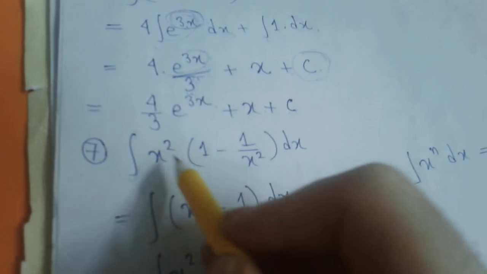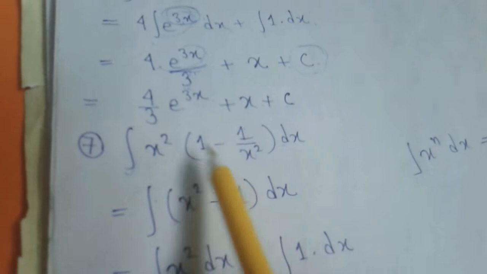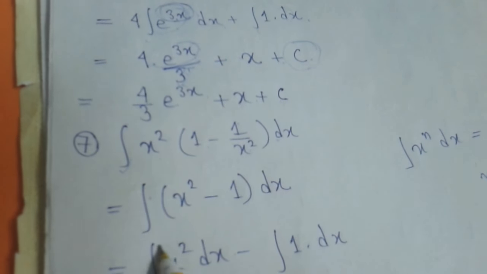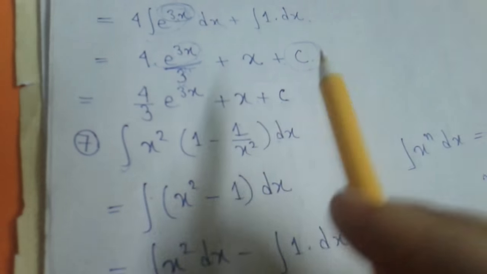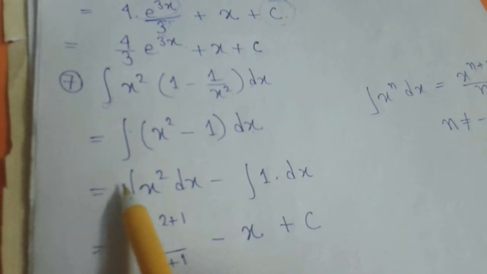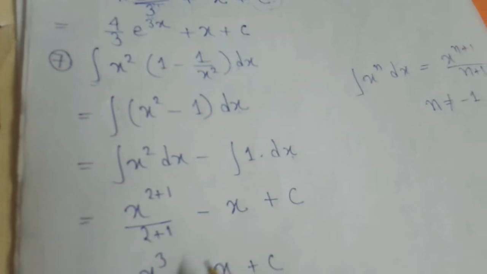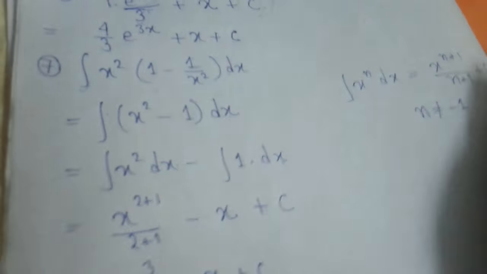Next, integration of x square into 1 minus 1 by x square dx. Breaking it, equals to integration of x square multiplied, minus 1 into dx, and separately written, integration of x square dx minus integration of 1 into dx. Now for integration of x square dx, which formula do we use?